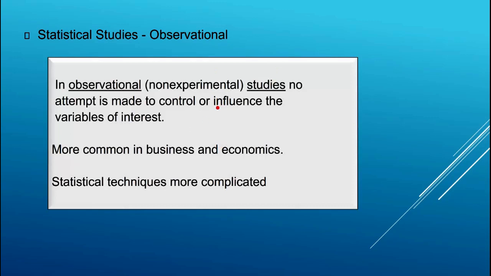So in observational or non-experimental studies, there is no attempt, or usually just no ability, to control for the influence of other variables that might impact the main variable that we're interested in. Again, going back to our example of using human data and looking at the incidence of cancer, we would have to collect data not only on the amount of fat people have in their diet, but we would have to control for perhaps the state that they live in, their age, and perhaps their occupation could have an impact on their likelihood of cancer.